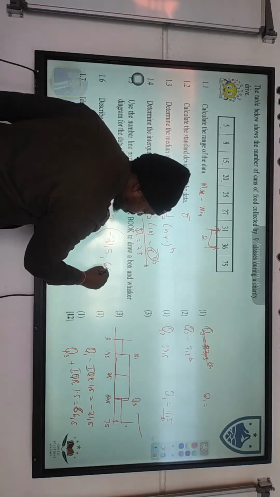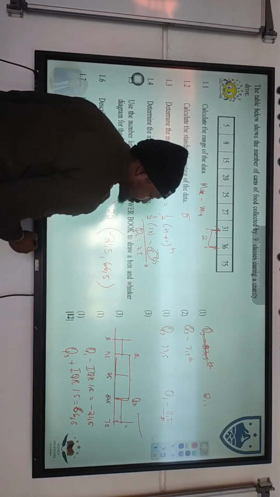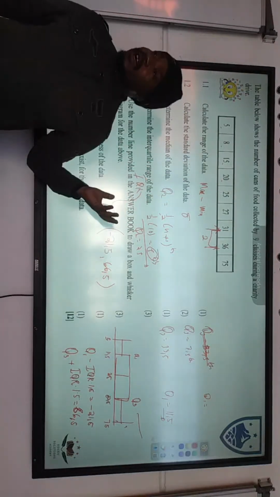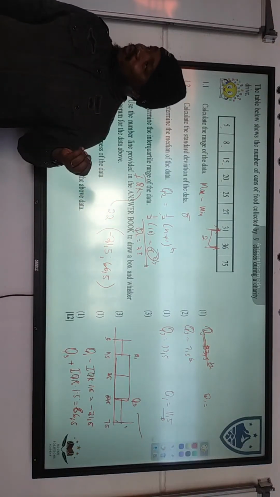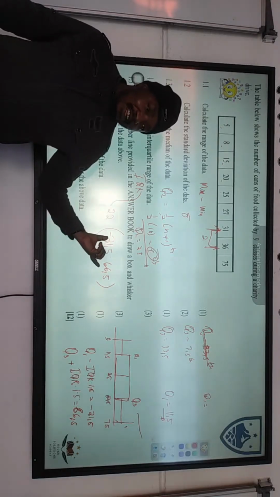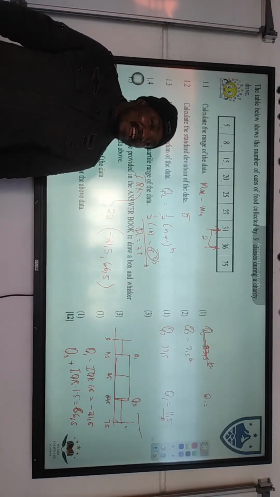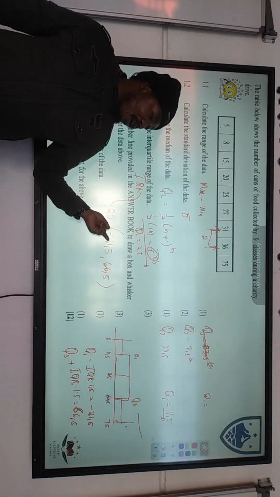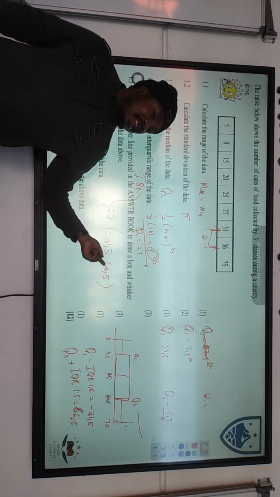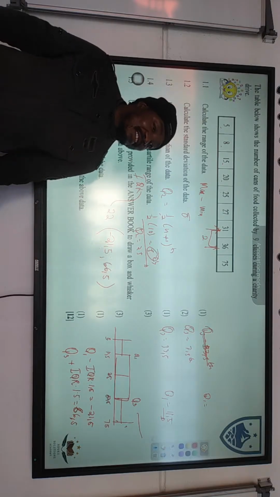And then you say 66,5. Any value in this category is an outlier. Any value less than negative 21,5 or any value bigger than 66,5 is an outlier.